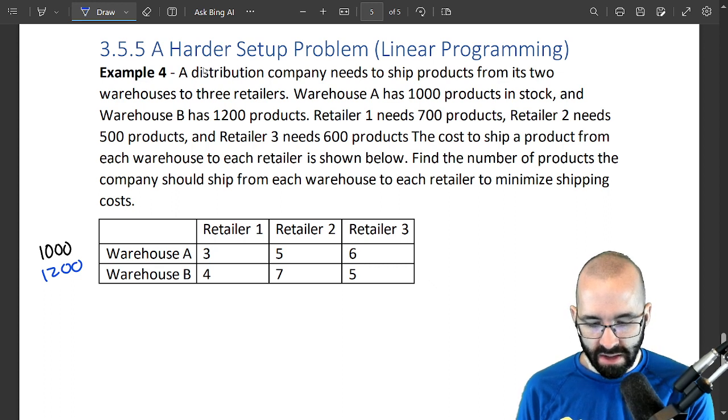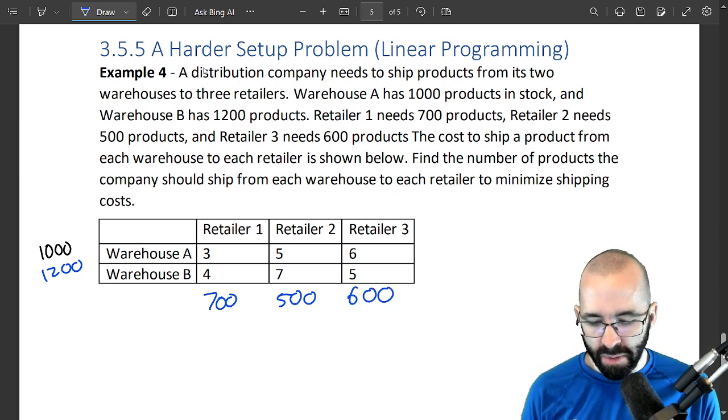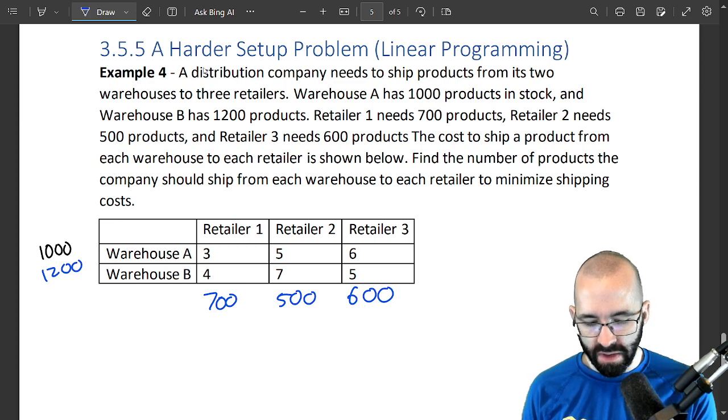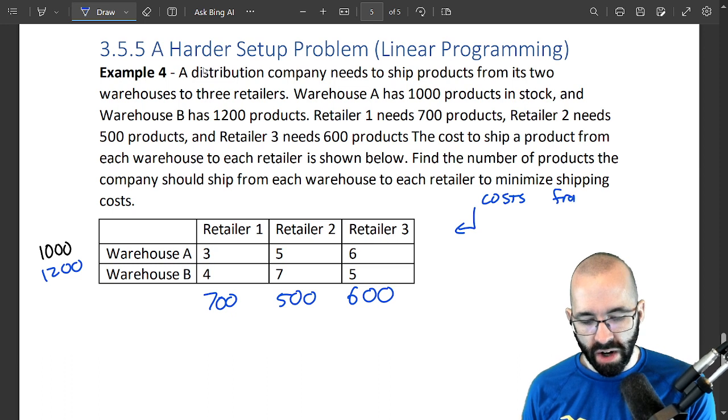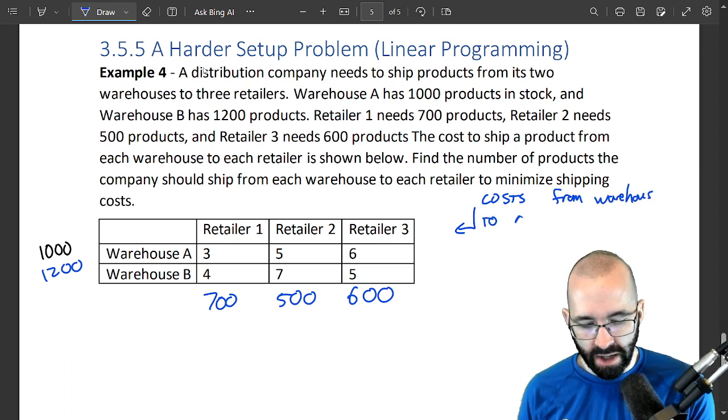Retailer 1 needs 700. Retailer 2 needs 500. Retailer 3 needs 600. The cost to ship a product from each warehouse is shown below. Okay, so this table is costs from warehouse to retailer.